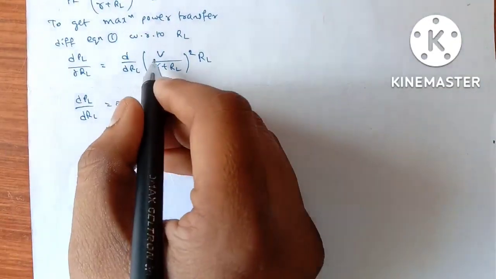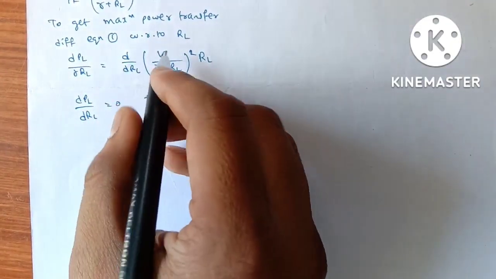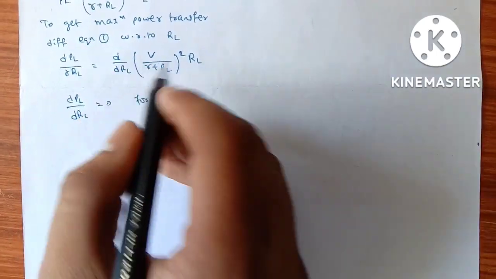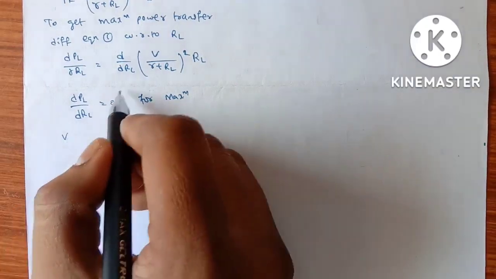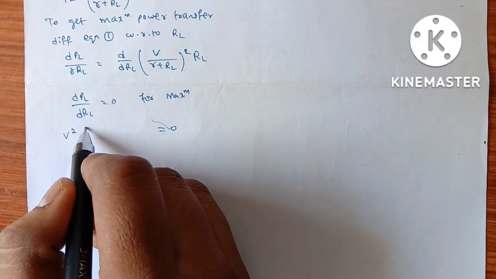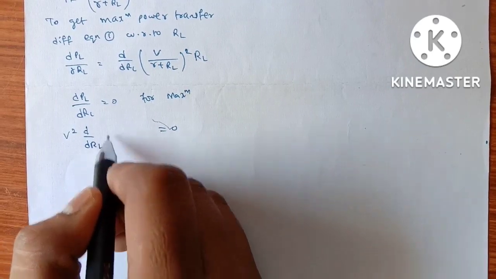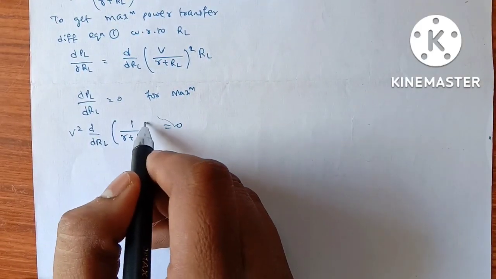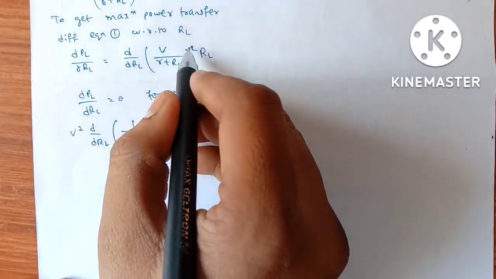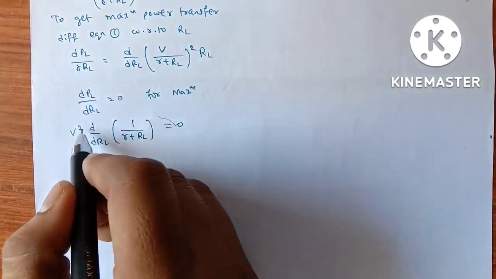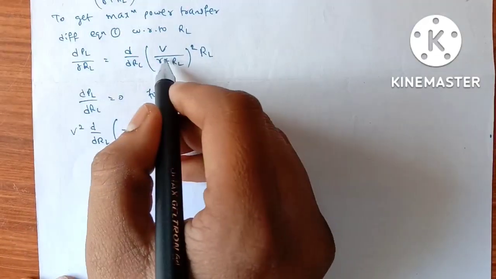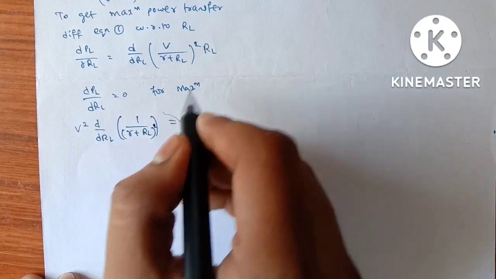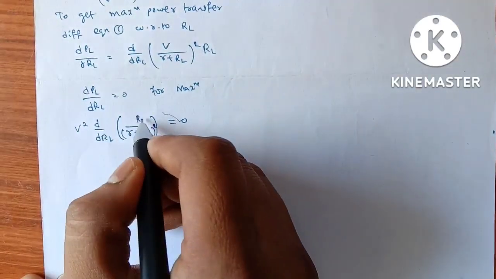Taking V as common, I am writing V outside of this equation. So this looks like V square into d by dRL of 1 by (R plus RL) whole square, and I am writing this RL inside.